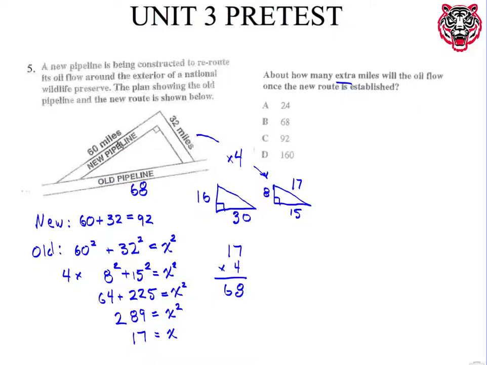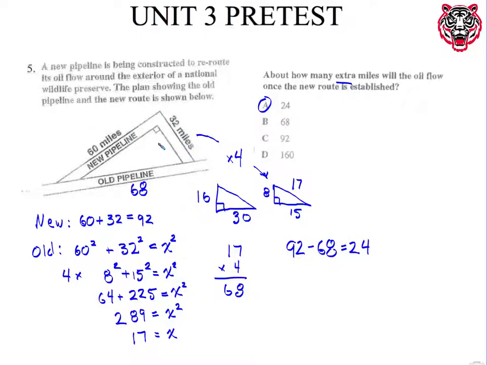So this is, I guess, an inefficient pipeline because the new pipeline adds on more, but the old pipeline goes 68, where the new pipeline goes 92. 92 minus 68 is equal to 24. It flows 24 extra miles because the old pipeline was 68, the new pipeline is 92.